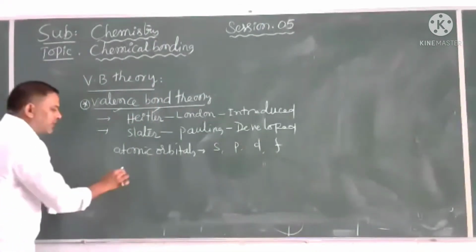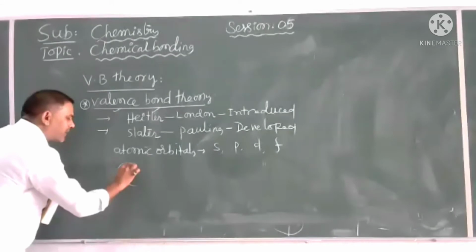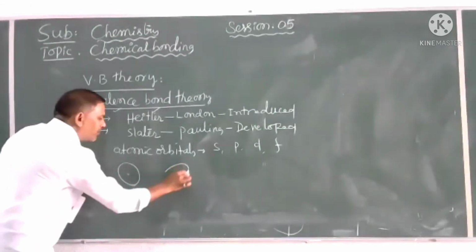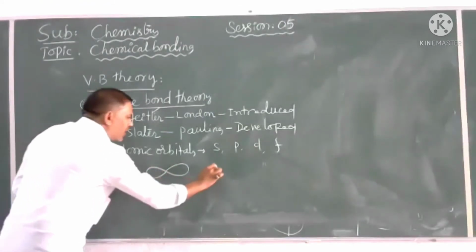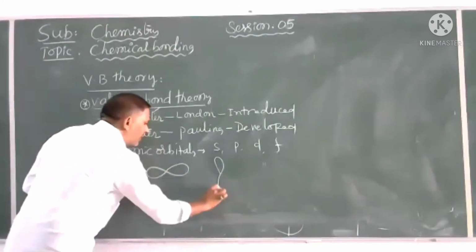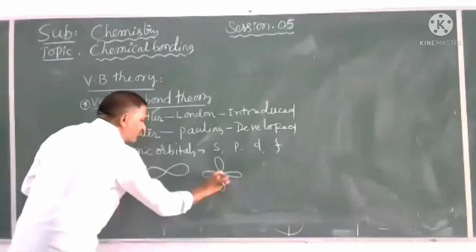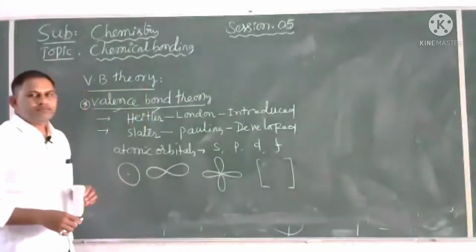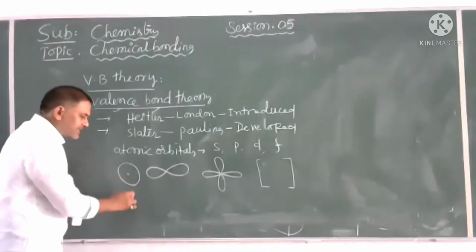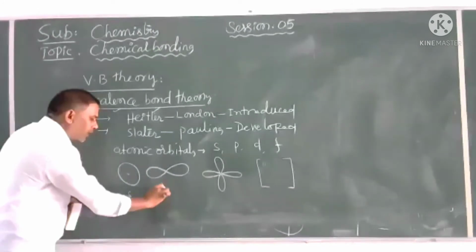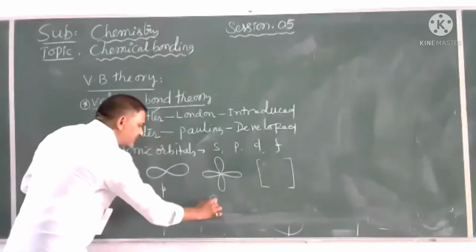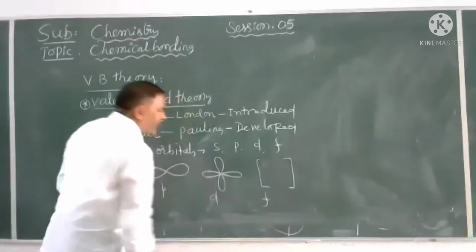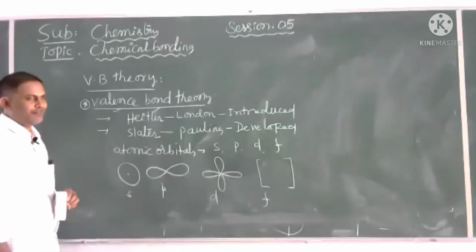The shape of s orbital is spherical, p orbital is dumbbell in shape, d orbital is double dumbbell in shape. F orbital is fourfold or complex. Sharp is S, principal P, diffuse, that's why D. It is fourfold, that's why F orbital, F subshells.